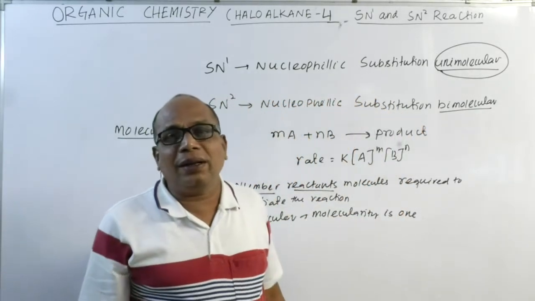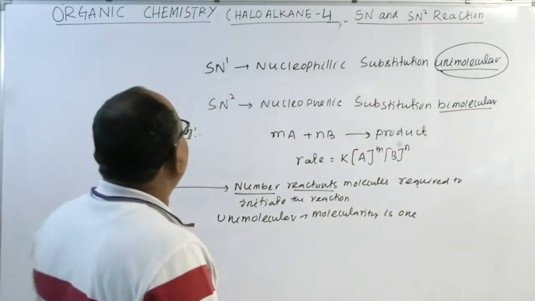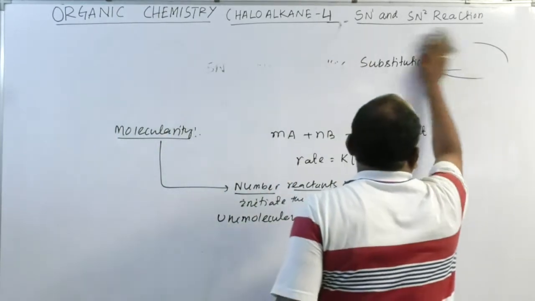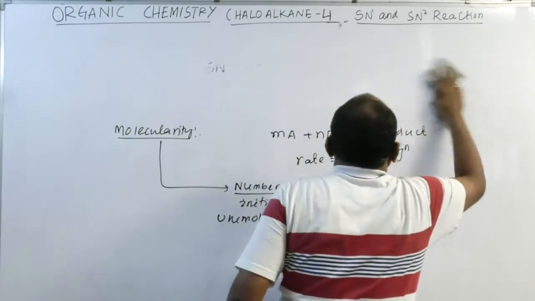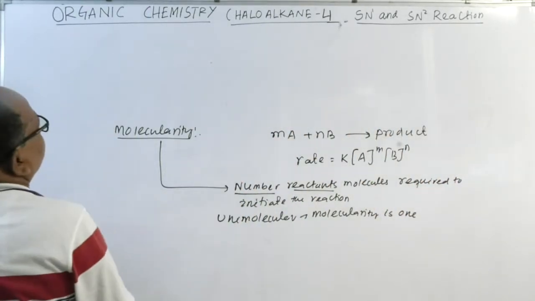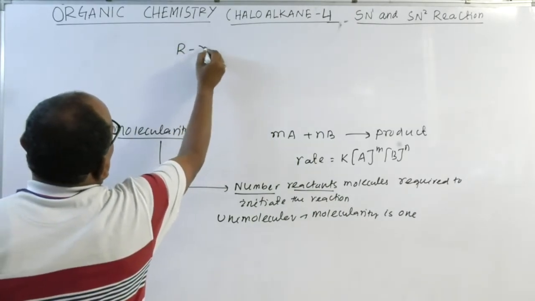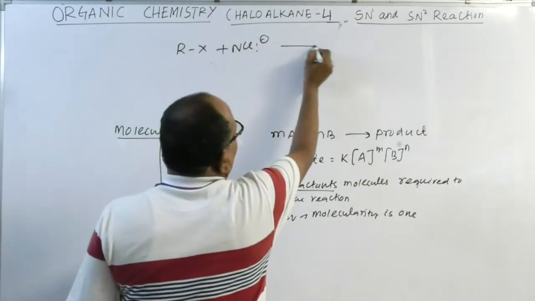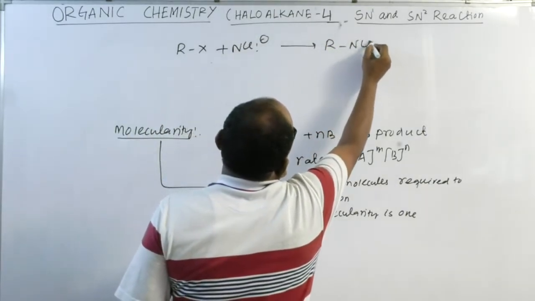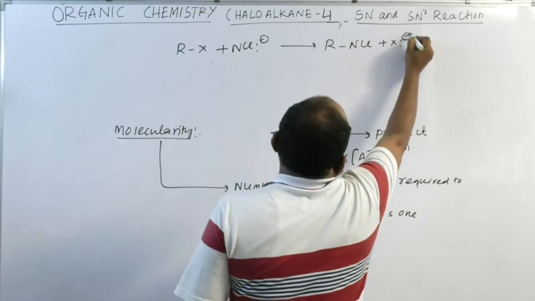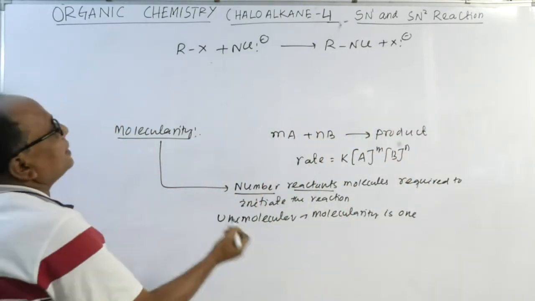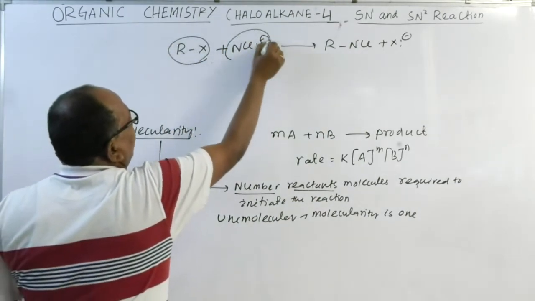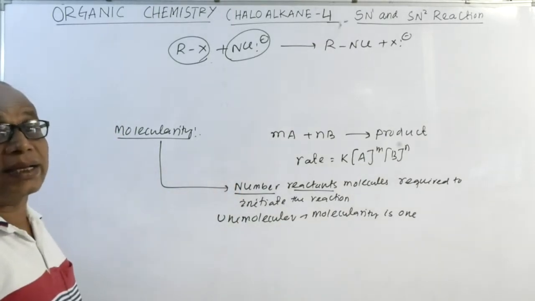What do you mean by molecularity is 1? During the reaction, suppose this is your alkyl halide, when it reacts with a nucleophile, it gives, no doubt, R-Nu, this is your product. In this reaction, one reactant is the alkyl halide, and another reactant is called the attacking reagent.